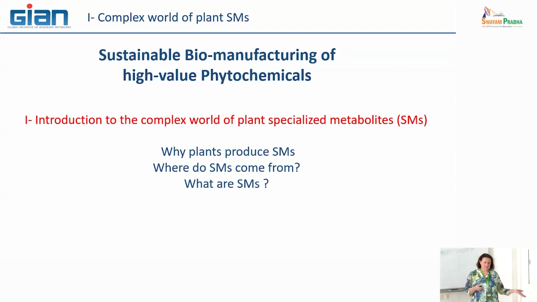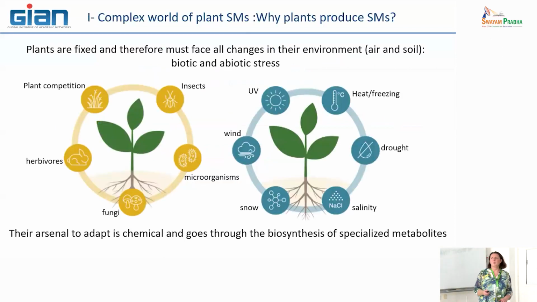So, as explained by Professor Smita, plants are not able to move, so they need to develop personal defense systems. And you have seen that this defense can be against biotic or abiotic stresses, such as, for example, biotic insects, microorganisms, and also herbivory, which are able to produce several effects on the plants, but also the plant competition that was explained.